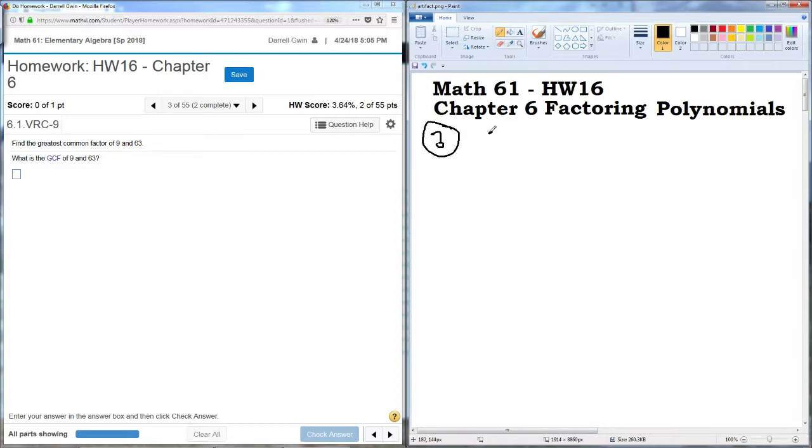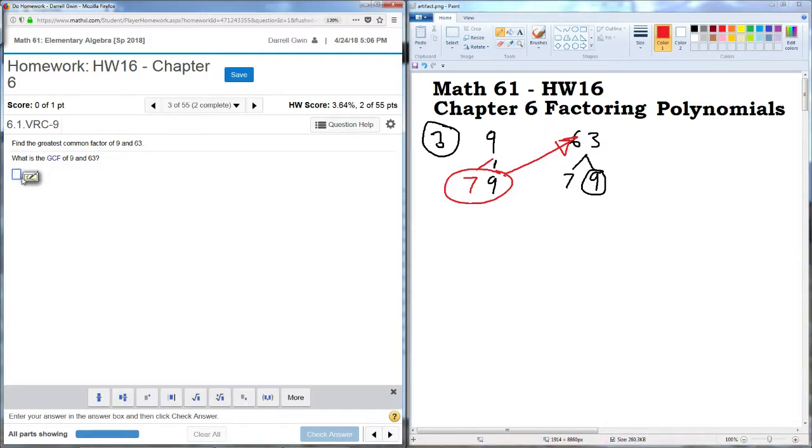But 63 is 7 times 9, right? And since 9 is 9, 9 needs a 7 to become 63. And the 63 already has every factor that 9 has. So GCF is automatically 63.